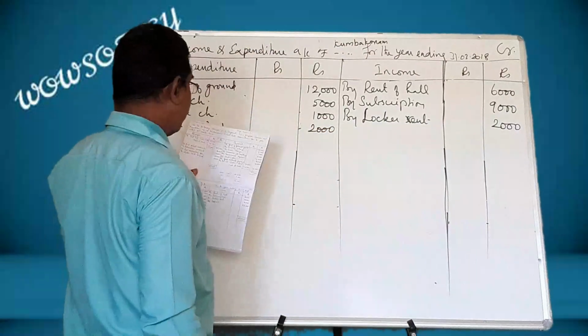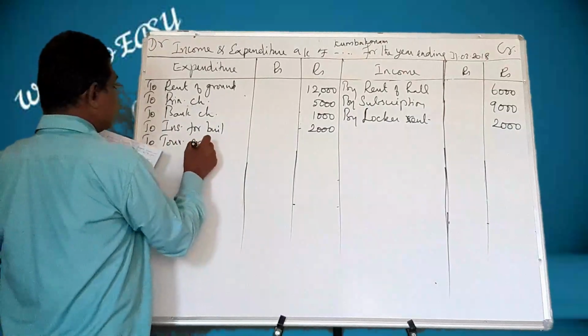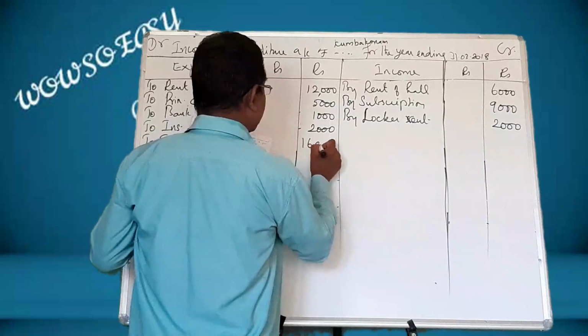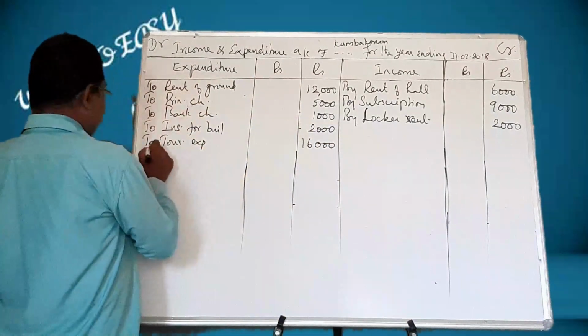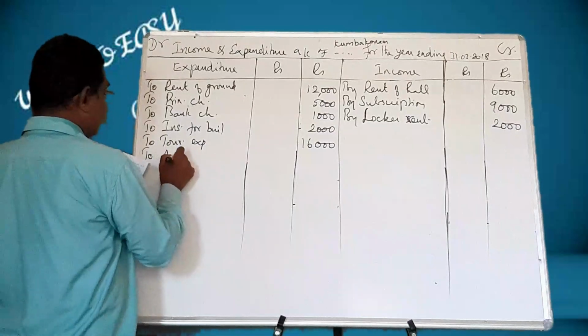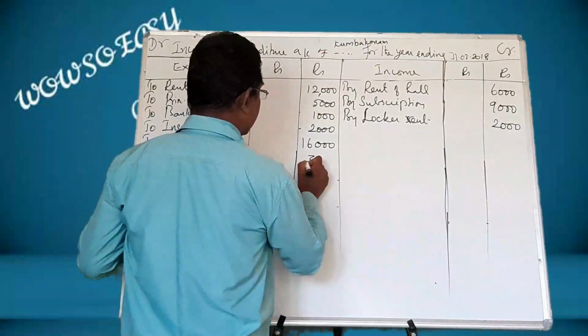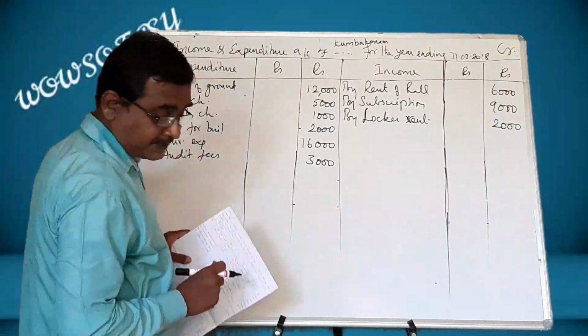Next one, tournament expenses, to tournament expenses. What is that amount? 16,000. And then audit fees, a revenue item, to audit fees. What is that amount? 3,000. By sports materials purchase.